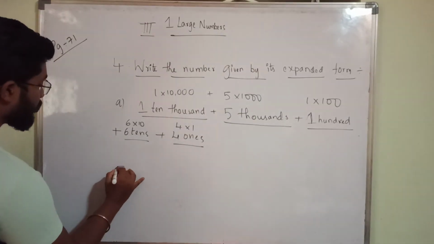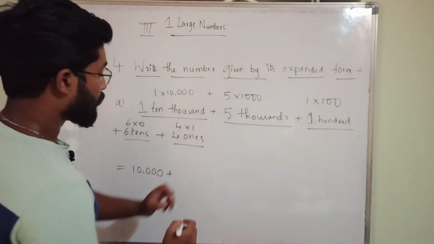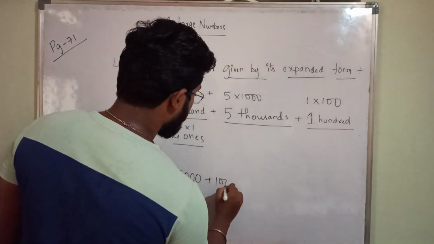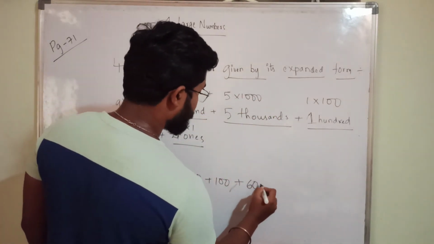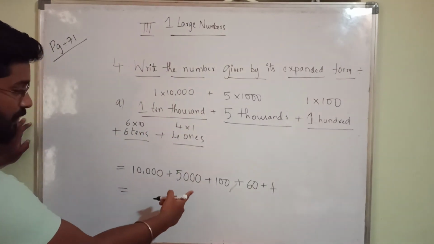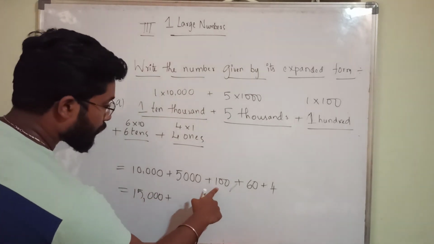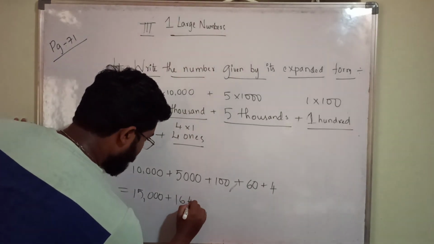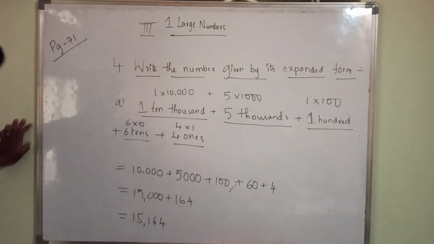So let us add: 10,000 plus 5,000, since 5 into 1000 means 5,000, plus 1 into 100 means 100, plus 6 into 10 means 60, plus 4. 10,000 plus 5,000 gives 15,000, plus 100 plus 60 plus 4, that is 164. The final answer is 15,164.